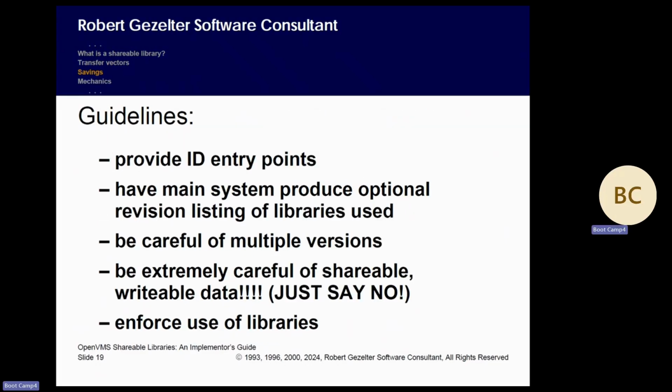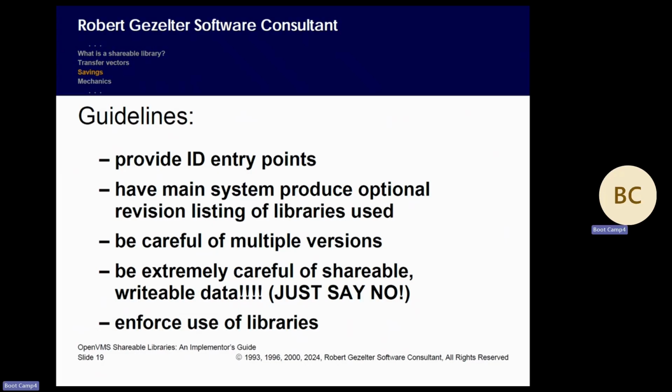Some pointers and suggestions, which are not necessarily in the documentation. It helps to have a divide ID entry point in each shareable library that returns a pointer to a string, giving the version number of the shareable library.